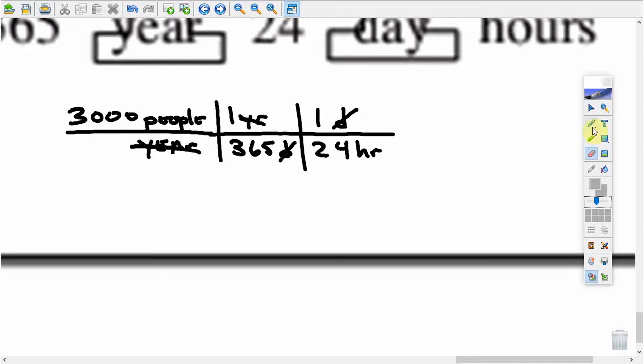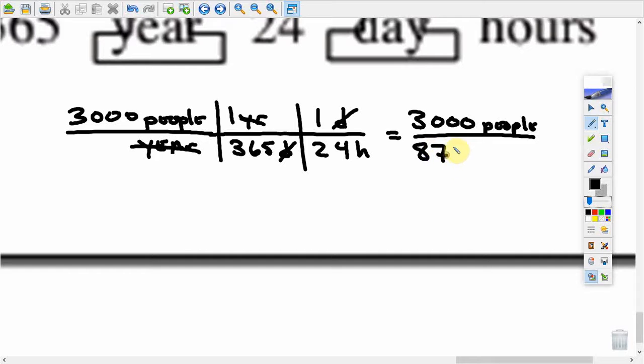We should. On the top, we multiply across: 3,000 times 1 times 1 gives us 3,000 people. On the bottom, 365 times 24 gives us 8,760 hours.